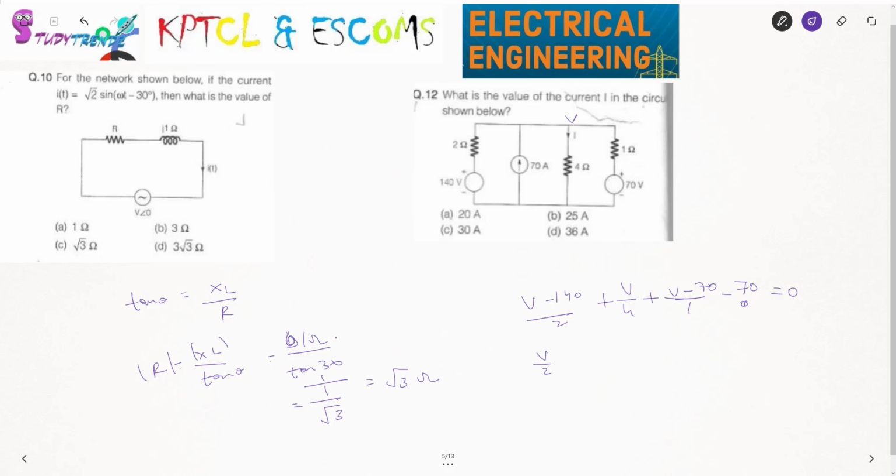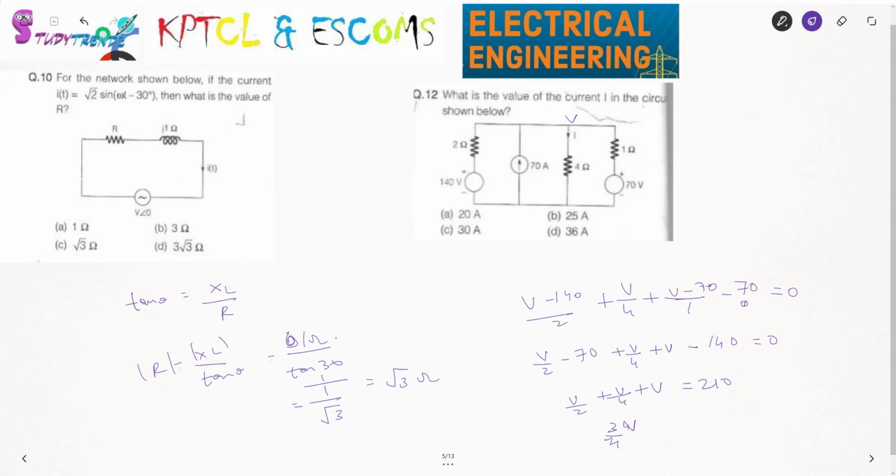So V by 2 minus 70 plus V by 4 plus V minus 70 is equal to 0. V by 2 plus V by 4 plus V is equal to 210, right? 1 by 2 plus 1 by 4, 3 by 4 V.